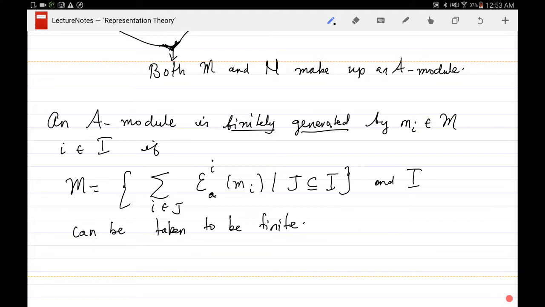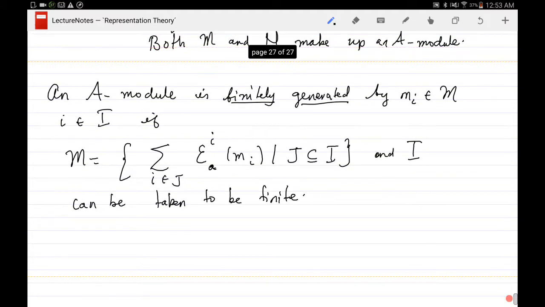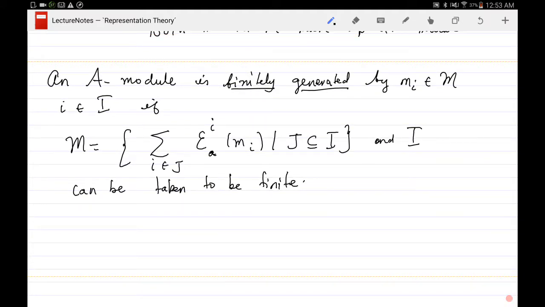So if every element in your A module can be written as some linear combination, which can ultimately be taken to be finite, then your A module is said to be finitely generated.